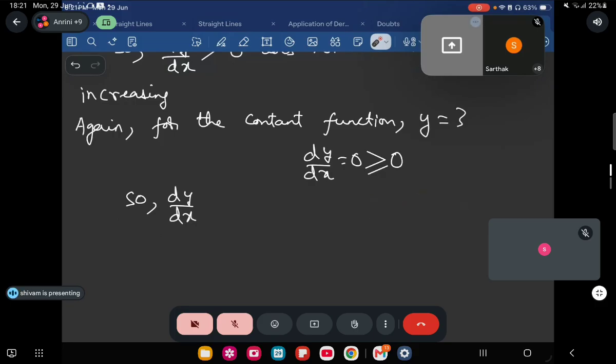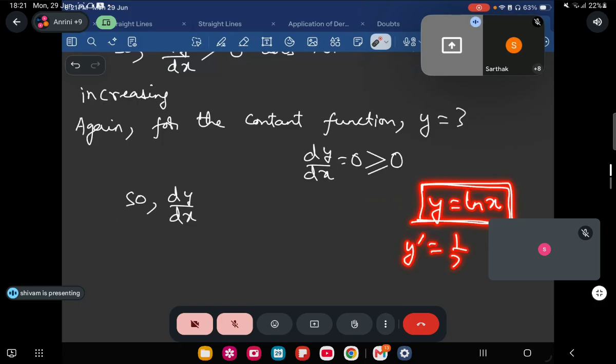You can understand that y equal to ln x will never become a constant function, right? So if you apply, y dash is equal to 1 by x.